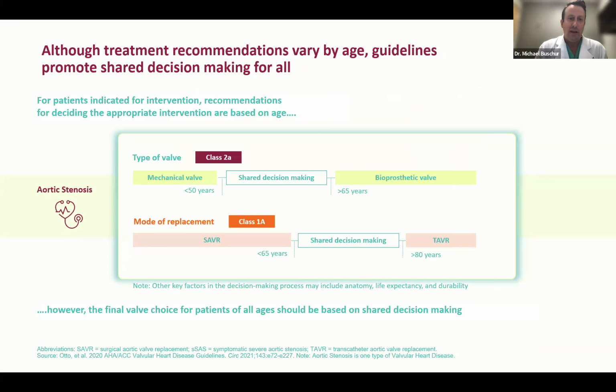So, we'll get into the details about treatment options later, but when we're looking at treatment options, open heart surgery has historically been the way to fix aortic valve stenosis, and it works great. There's a couple different valves that we can use with open heart surgery, a bioprosthetic valve versus a mechanical valve. Now, in young patients, a mechanical valve tends to be the way that we like to proceed.